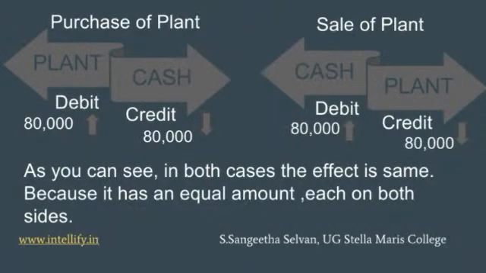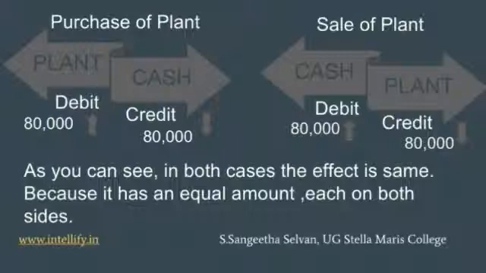As you can see here, in both the treatments, the effect is the same. There is one increase in the debit and one decrease in the credit of the same amount, which is 80,000. So whether you treat it as a purchase of plant or sale of plant, the effect is same. The debit is increasing by 80,000 and the credit side is decreasing by 80,000.